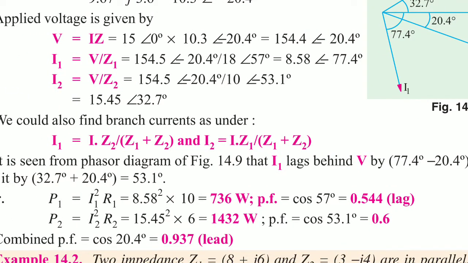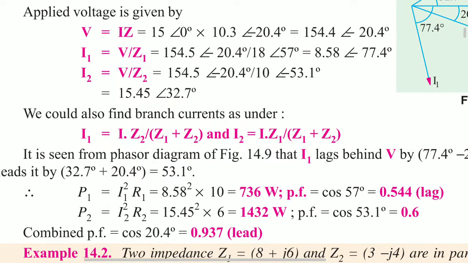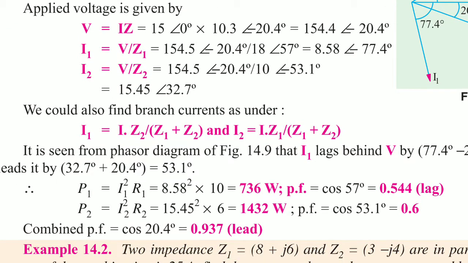This is the formula: I1 is I into Z2 by Z1 plus Z2, and I2 is equal to I into Z1 divided by Z1 plus Z2.